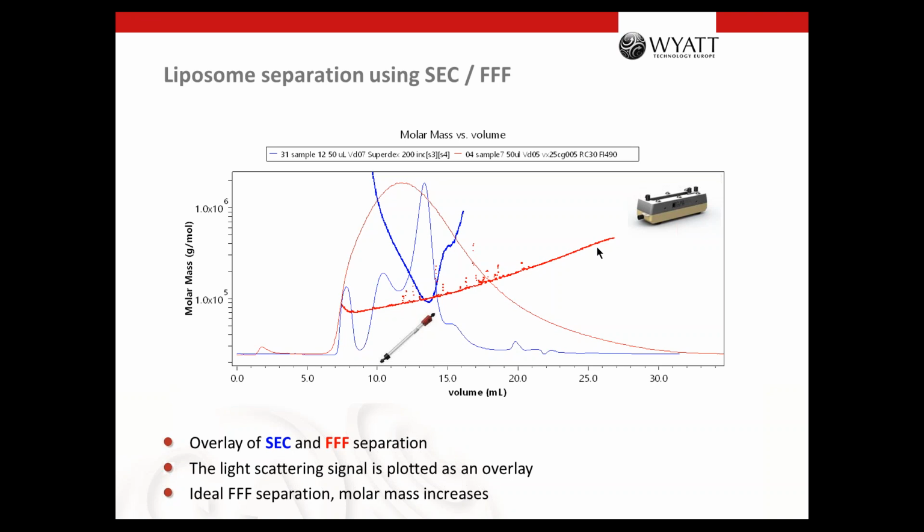Even in the light scattering trace of FFF, there is no sign of co-elution of bigger particles. Also at the end of the chromatogram, no signal, no bigger particles were observed. So FFF is really a solution to keep this fragile molecule together and to be able to measure a reasonable size and molar mass.